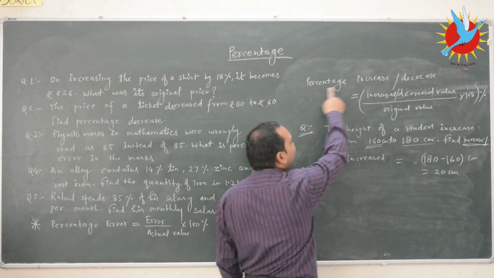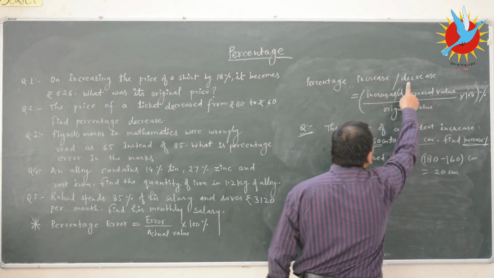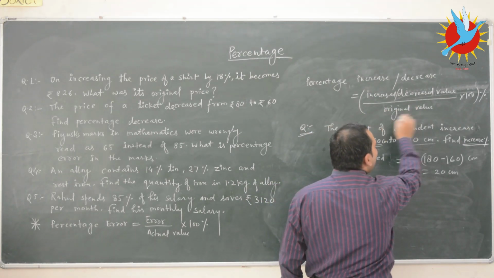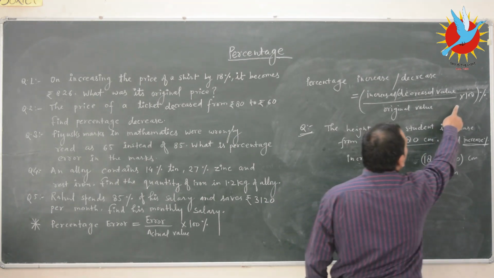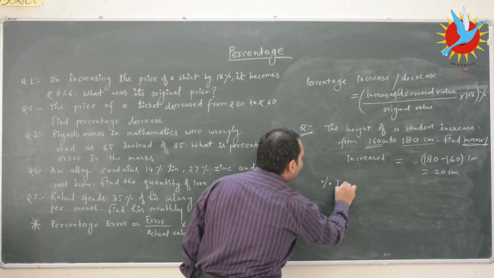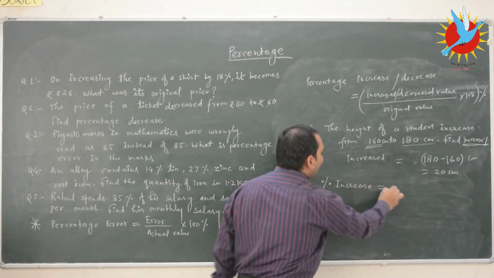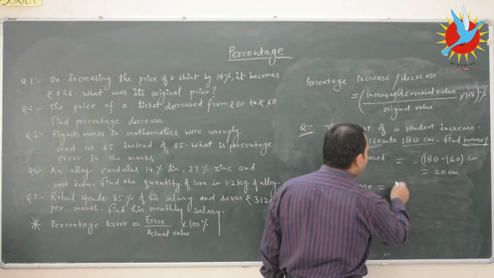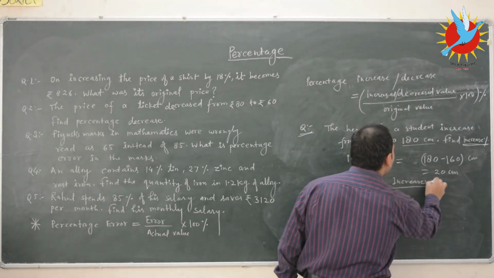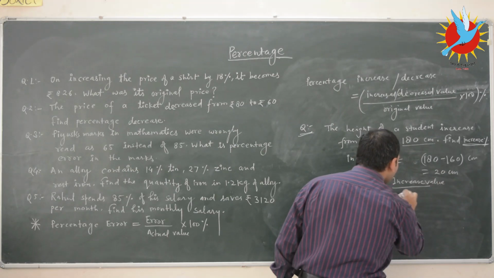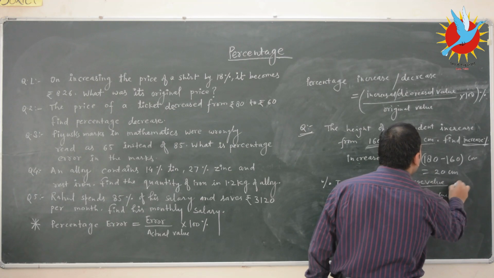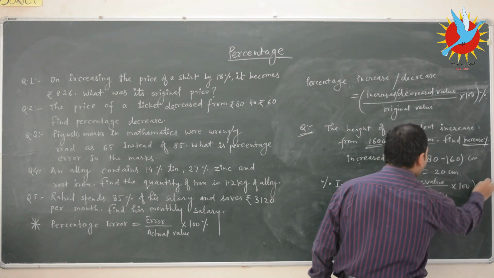What is the formula of percentage increase or percentage decrease? Increase value or decrease value upon original value into 100%. So percentage increase is equal to increase value upon original value multiplied by 100%.